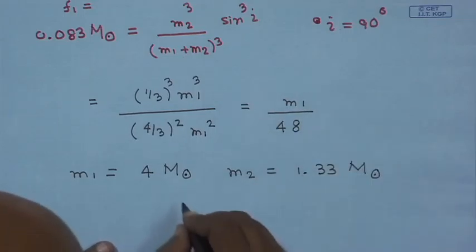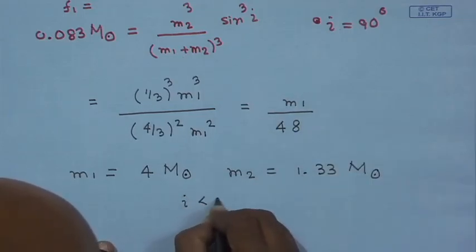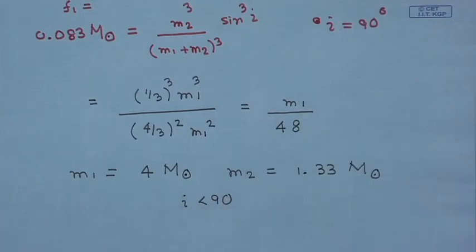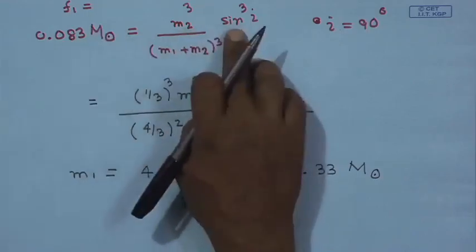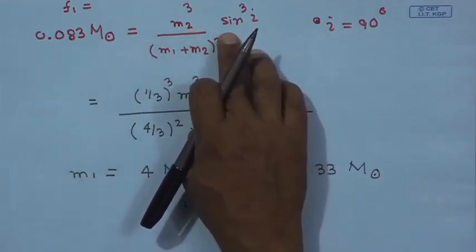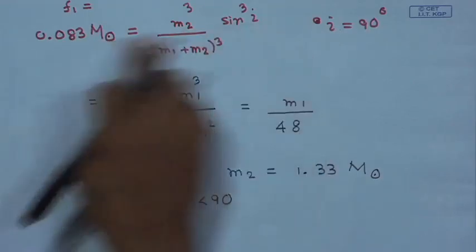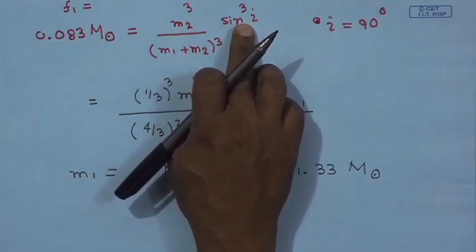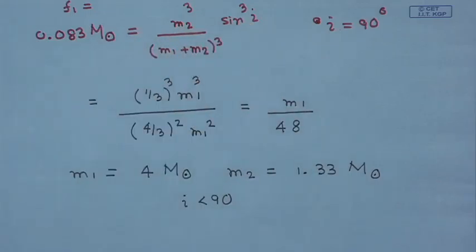If the inclination angle is less than 90, then the masses will get increased, and these are just lower limits. You can easily work out how the masses are going to get increased, because there is a factor of sine I cube over here. So basically it will get increased by a factor of 1 by sine I cube.